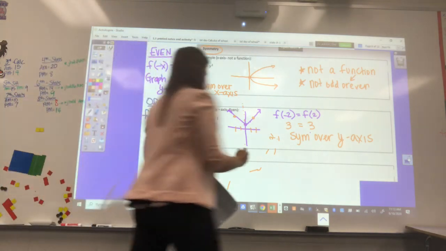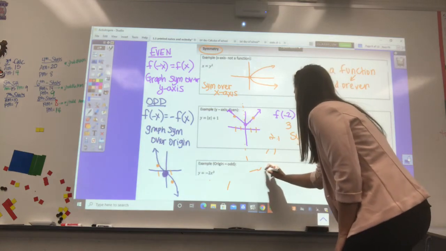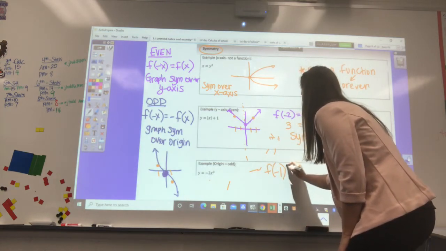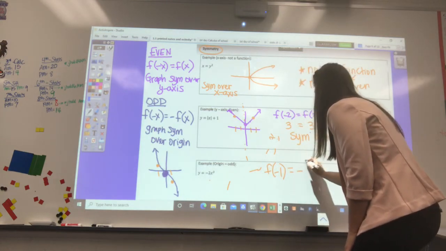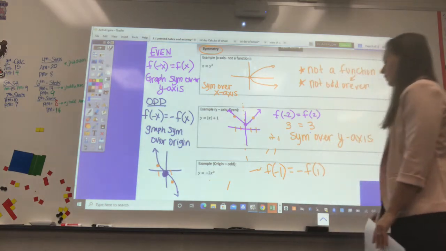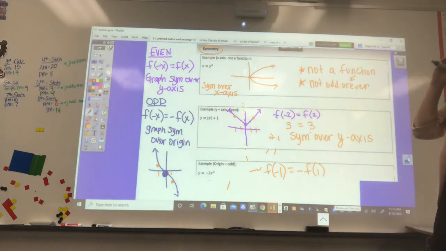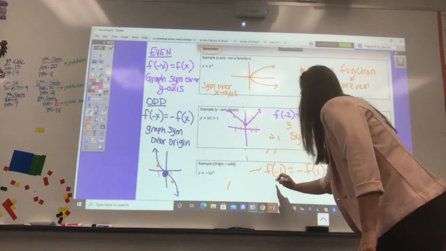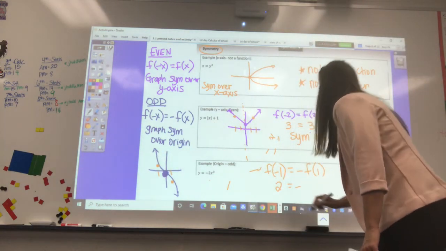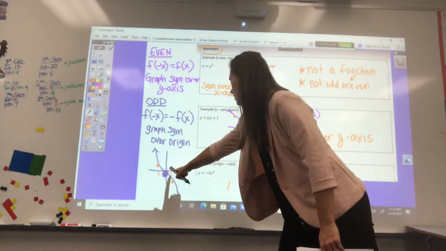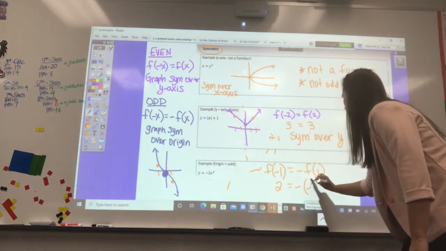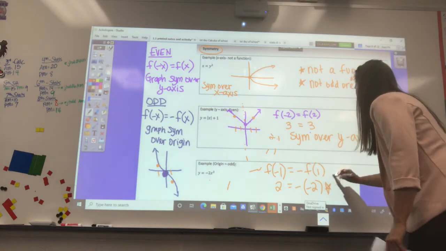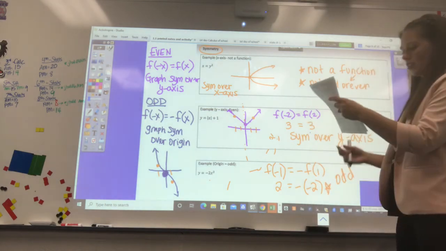So I'm going to write right here, let's test to see if f of -1 equals negative f of 1. I'm just doing this as an example. So f of -1 is 2, and is that equal to the negative of what you get when you plug in a +1, which is -2? And yes, that's true. So that's an example of an odd function.